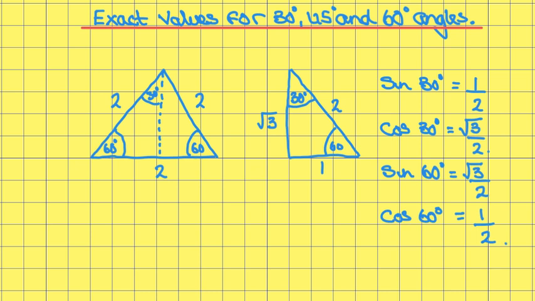Now let's work out tan. We know that tan theta is equal to sine theta over cos theta. Therefore, tan 30 equals sine 30 over cos 30.